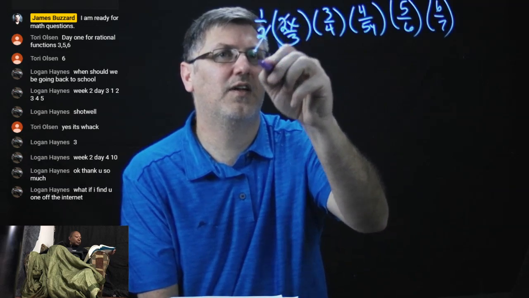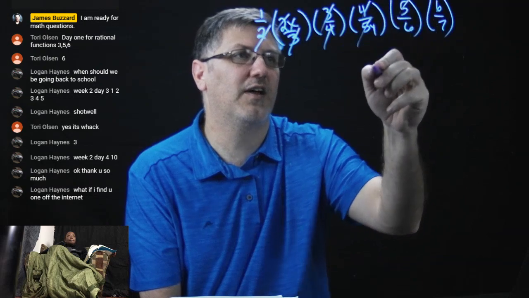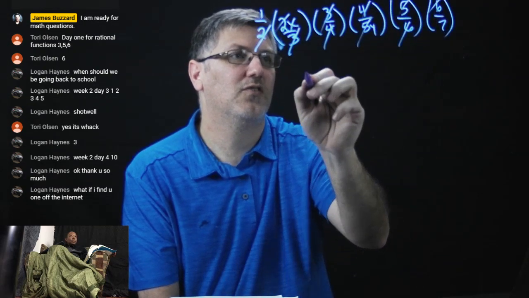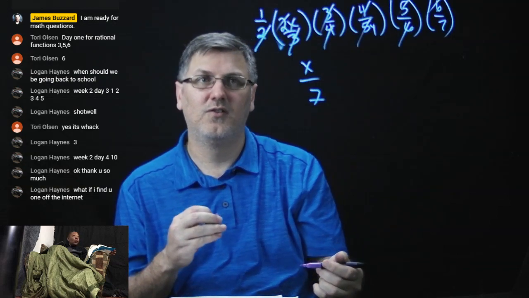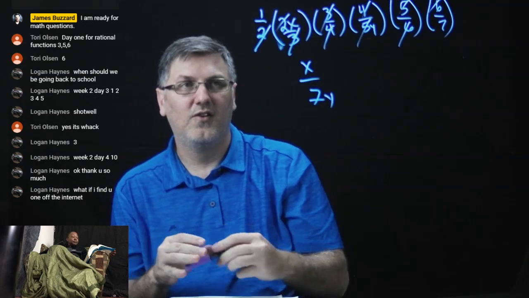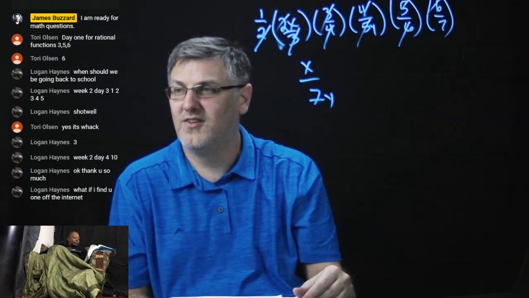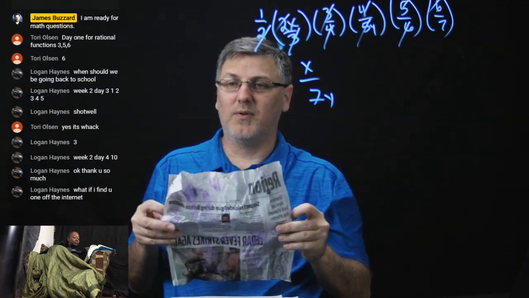Well, that and that go away, that and that go away. This gives me x over 7y. Forgot the y. Super easy. Find a trig problem in there.